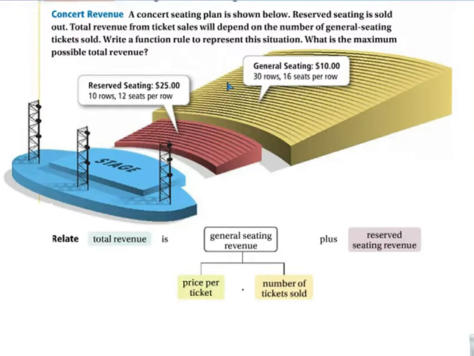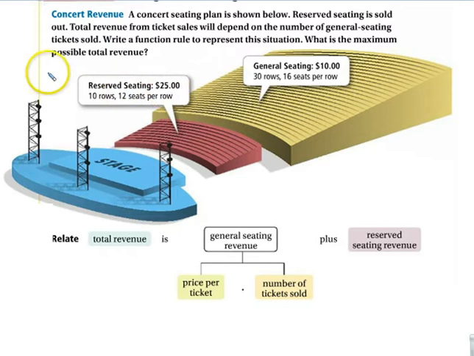Everything that they're going to make is going to be the general seating sold plus the reserve seating. The general seating is figured out by taking the price per ticket and how many are sold. Now the one thing here is that we have $25 a ticket, 10 rows, 12 seats.